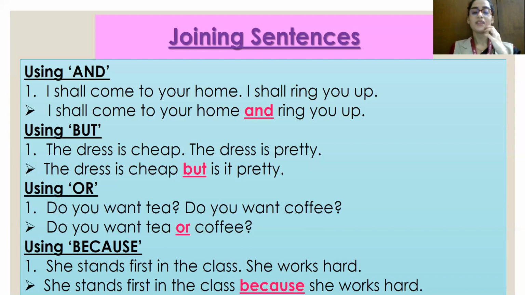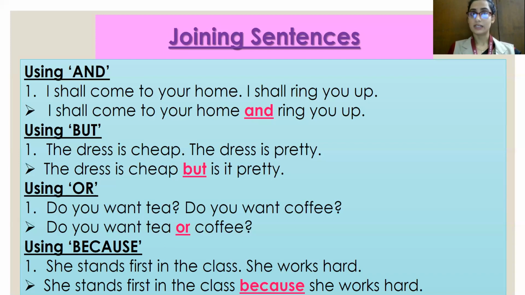So now we are clear with how we can join these two sentences using because, or, and, but, right? I just told you some of them. So just take a look closely, children.